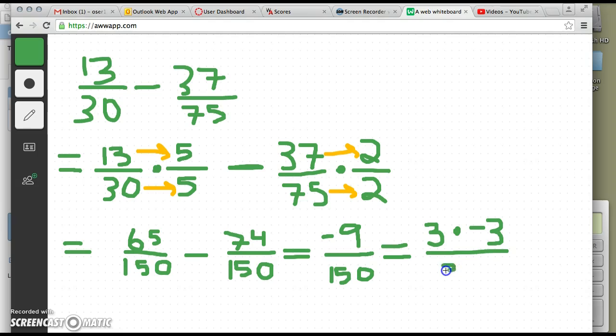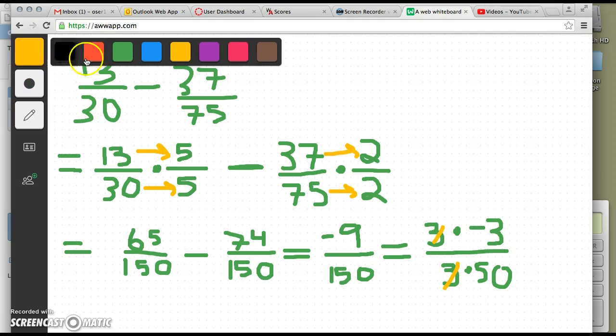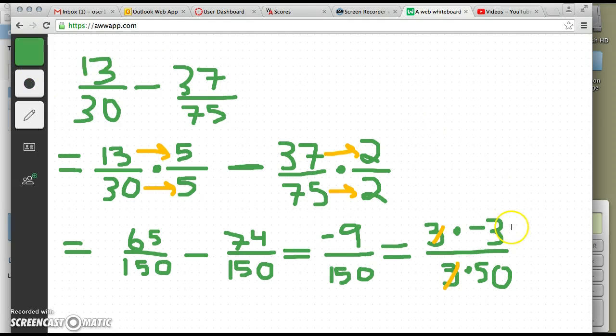And 3 times 50 would get us 150, because 3 times 5 is 15, so 3 times 50 is 150. Notice here that these factors of 3 cancel each other out. So our final reduced, simplified answer is just going to be negative 3 divided by 50. Let's put that up here. Negative 3 divided by 50.